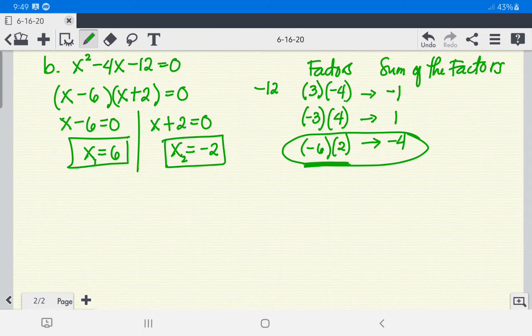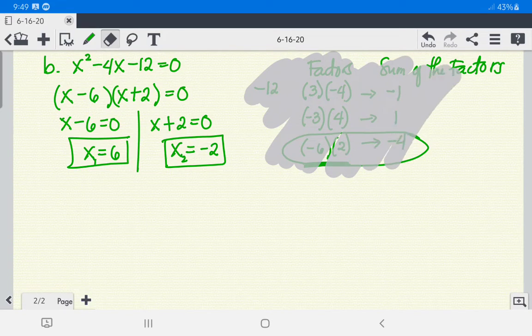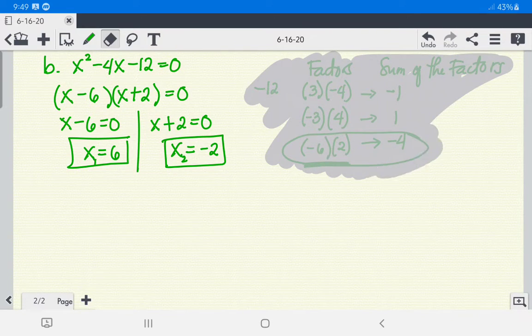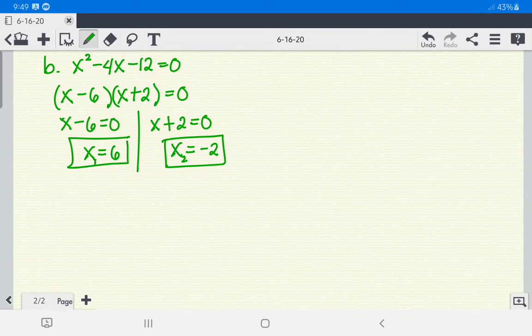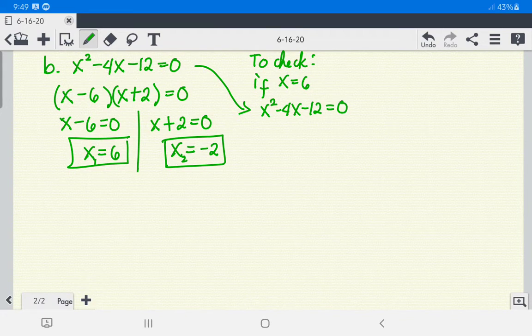Next, you have to check. To check if x is equal to 6, using again the original equation, we have x squared minus 4x minus 12 equals 0.